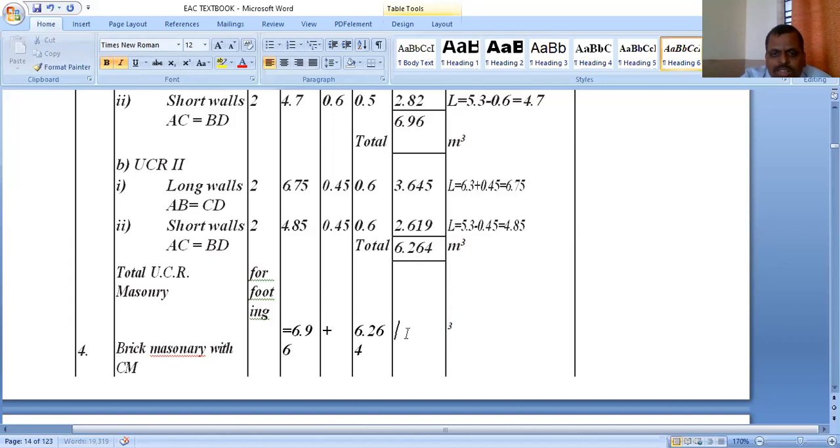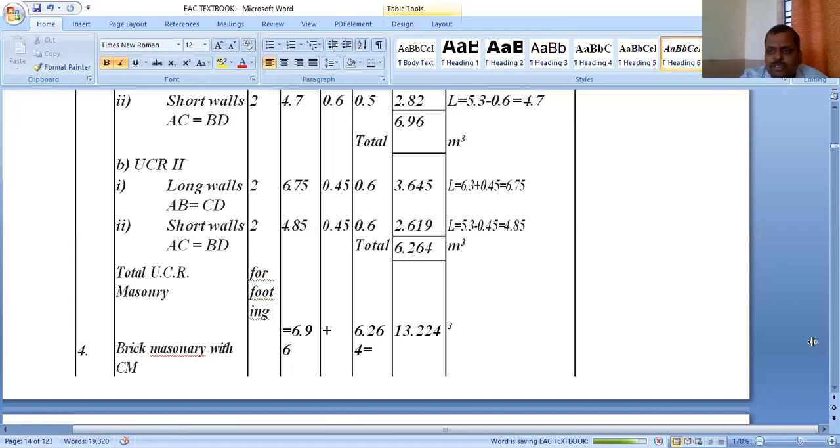So the total answer will be equal to 6.96 plus 6.264. It is 13.224 cubic meter. In this manner, we are going to find out the total UCR masonry.